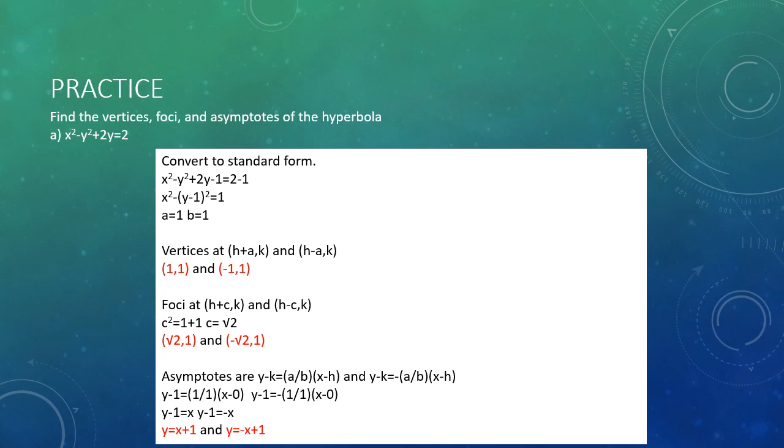We'll convert it to standard form, where we complete the square and then simplify it, and we'll get x squared minus, h minus c, k.